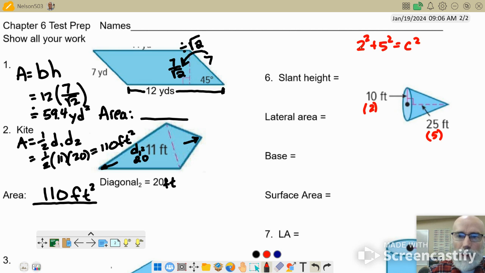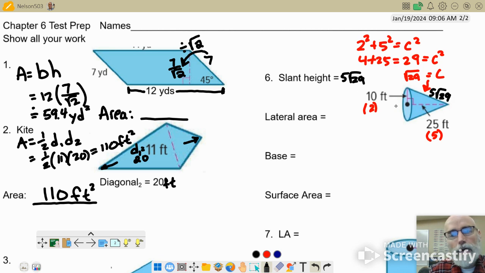So that's 4 plus 25, which gives me 29, and that's equal to c squared. So I take the square root of both sides, and I get square root of 29 for the slant height, right? No, whoa. We've got to multiply that by 5. So the slant height is actually 5 square root 29.